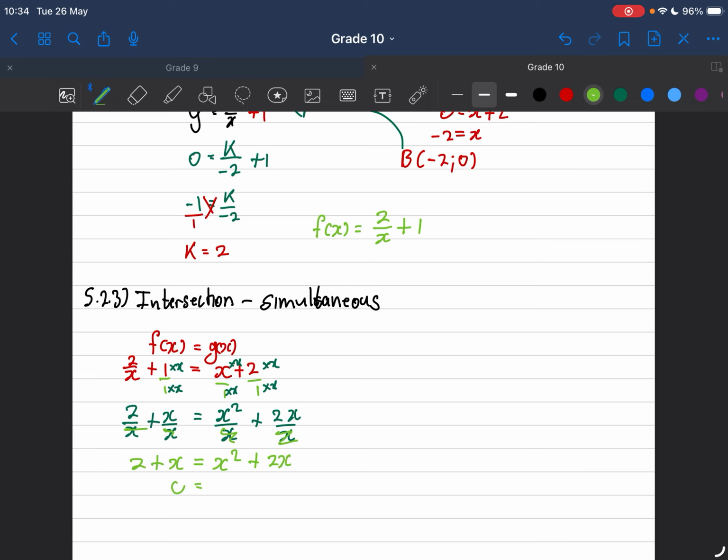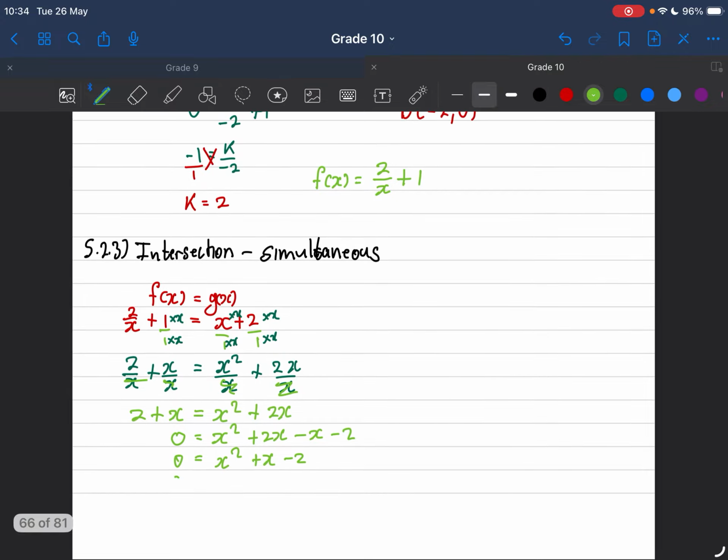I can move all of them to the right hand side because x squared is on the right. So plus 2x minus x minus 2. 0 is equal to x squared plus x minus 2. Now I have a trinomial.